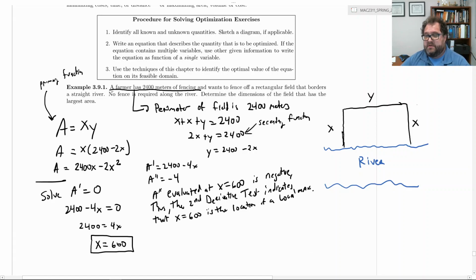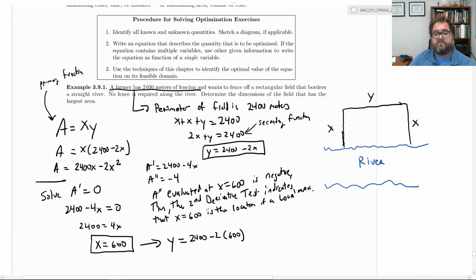And by the way, 600 is going to be the side of this rectangular field. But we do need to find the y value that corresponds. So if x is 600, then y equals what? Well, we know y equals 2400 minus 2x. So 2400 minus 2 times 600. 2 times 600 is 1200.